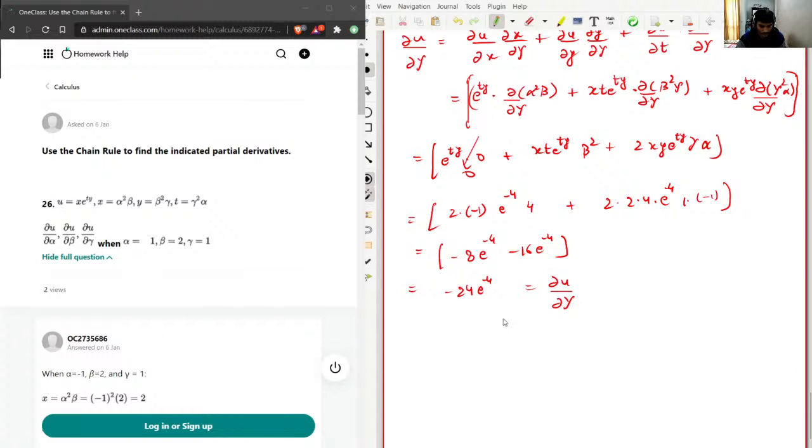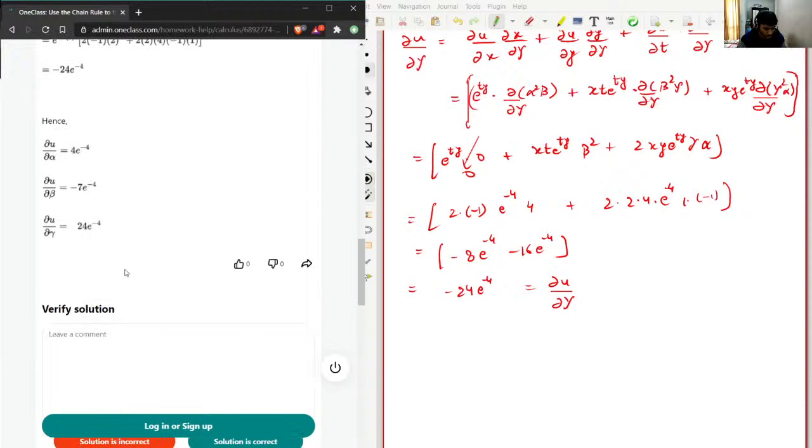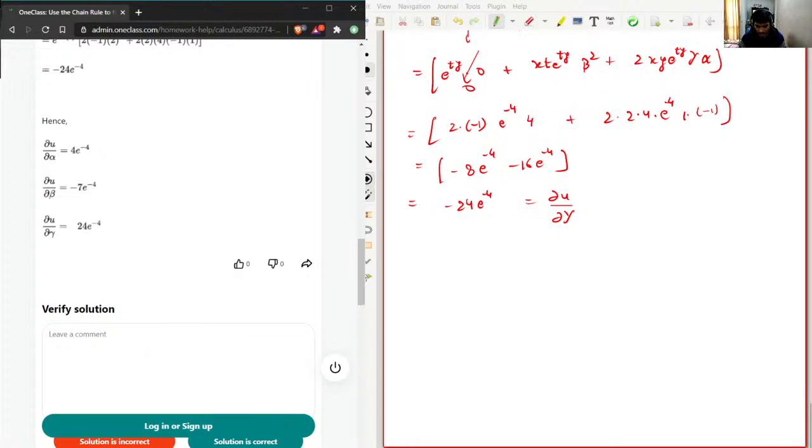Oh god, this question is very much lengthy. I'll just check with the solution. Negative 24 e power minus 4. So just at last I'll write all the three answers. Del u over del alpha was 4 e power minus 4.